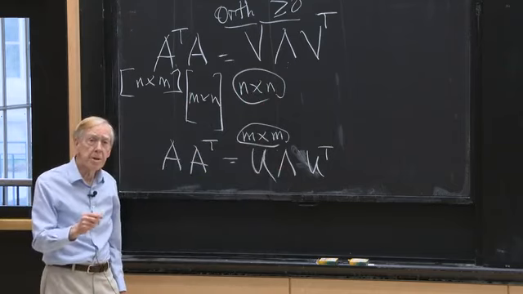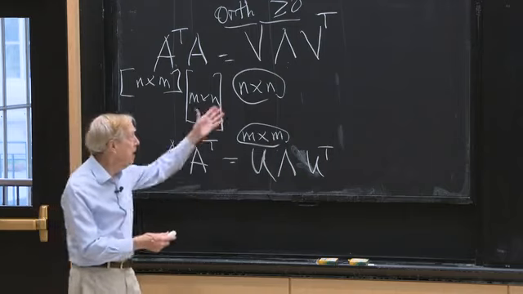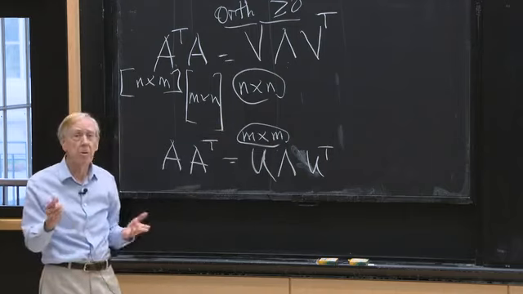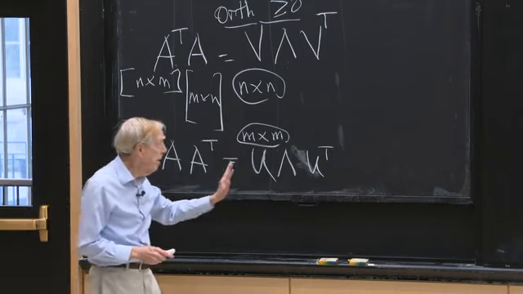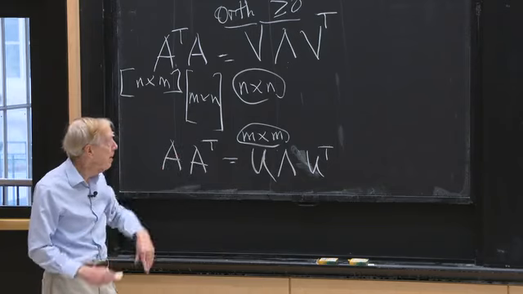But the missing guys, the ones that are in one of them and not in the other, depending on the sizes, are zeros. So really the heart of the thing, the non-zero eigenvalues, are the same.